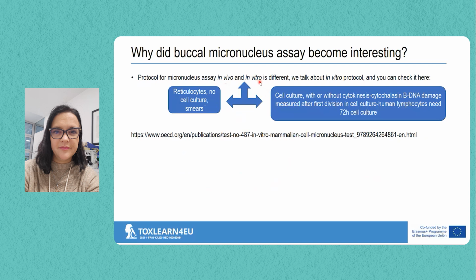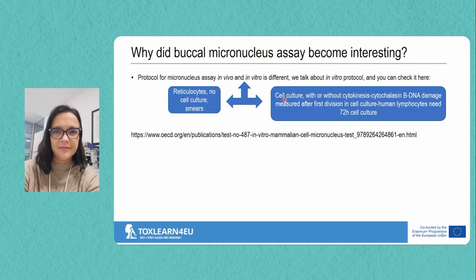There is also an in vitro protocol for the micronucleus assay, and if we are talking about human biomonitoring, you are using an invasive technique of sampling the whole blood. You need a cell culture because usually those are human lymphocytes in the whole blood, and they need some time to divide.